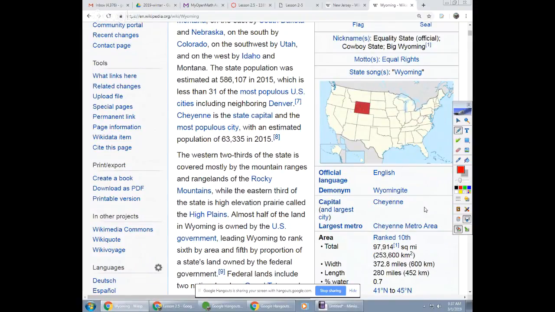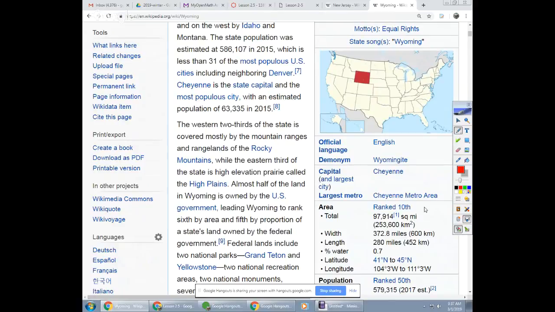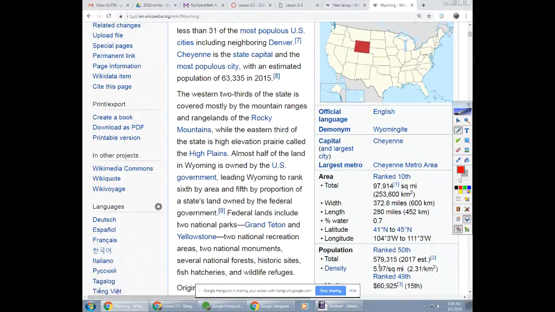And in terms of population, they have about 500,000 people. So 500,000 divided by about 100,000 is about 5 or 6 people per square mile. I was a little bit off. Compare that to Alaska. Yeah, it's definitely in that last one.